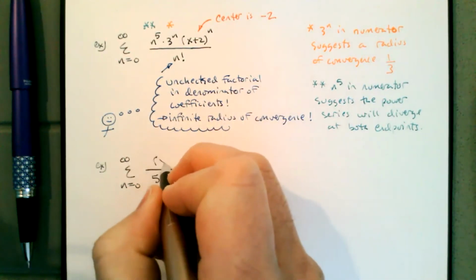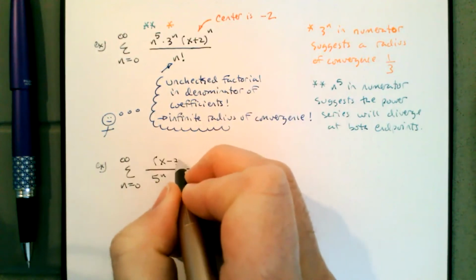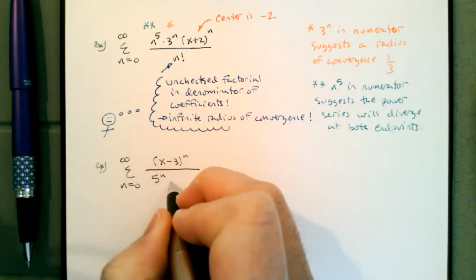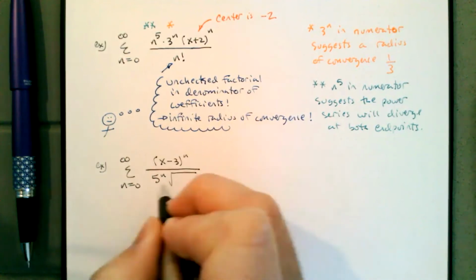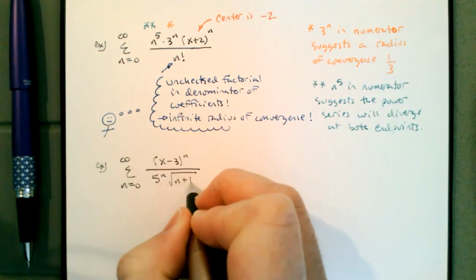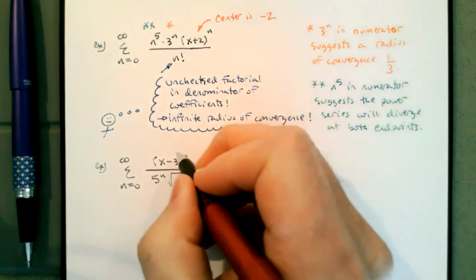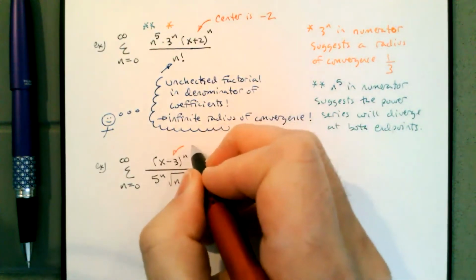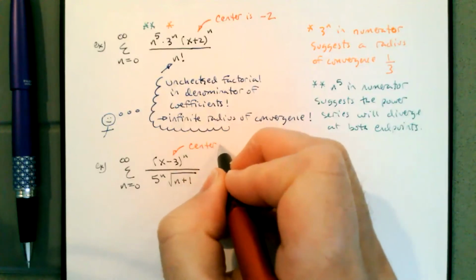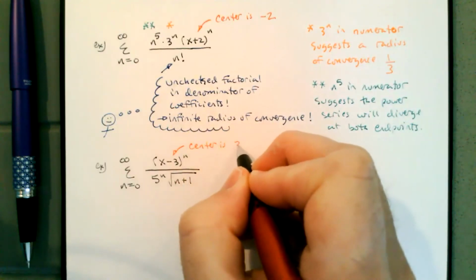Let's have an x minus 3 to the n, and let's say square root of n plus 1, so I don't blow up my power series in the first term. So just reading the factors that we see, x minus 3 to the n suggests that the center is at 3.